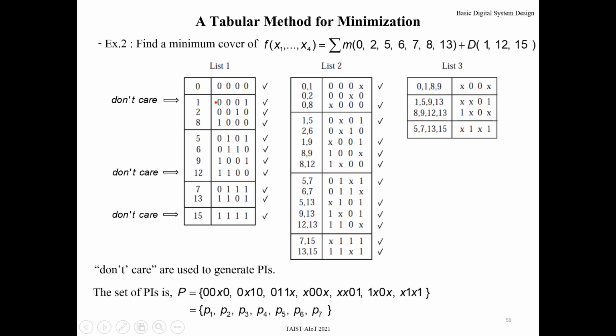For 1, it is 1, it's from don't care. 2, 3, no. 8 from this, right? 5, 6, 9, 12, 7, 13, and 15. Again, you group them by the number of 1s. Okay, logic 1.